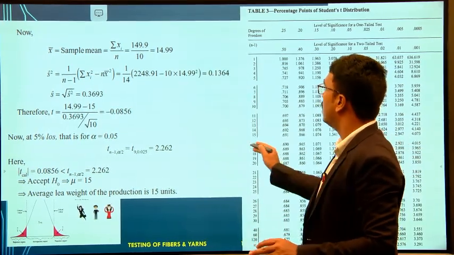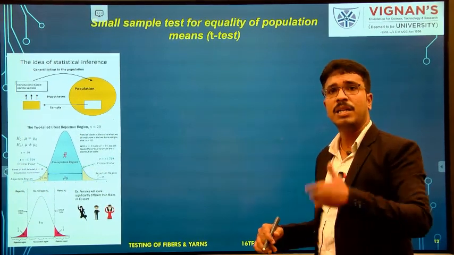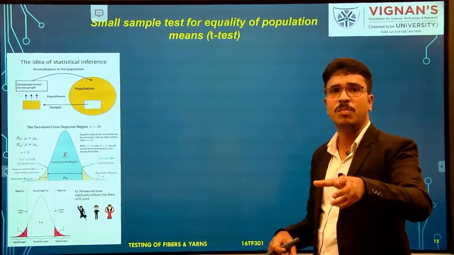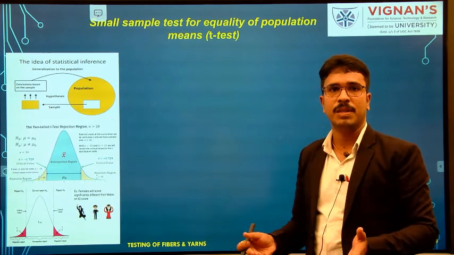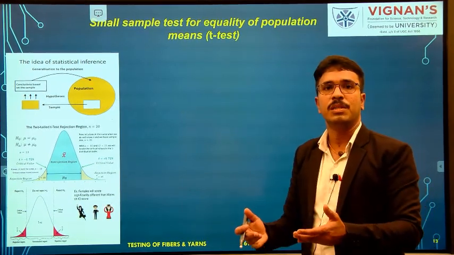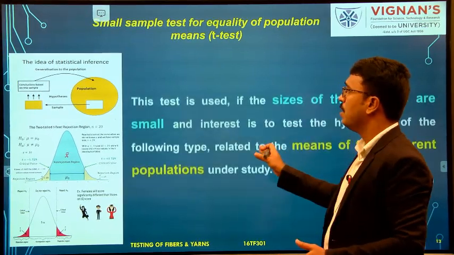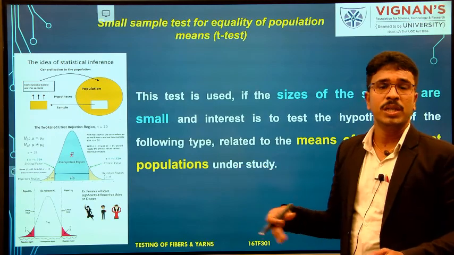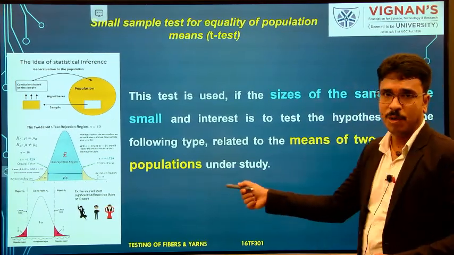Okay, and till now we have discussed only one population, and this is the case where two populations will be there. So by looking at these two populations, we have to do the testing, like you can see here, means of two different populations.